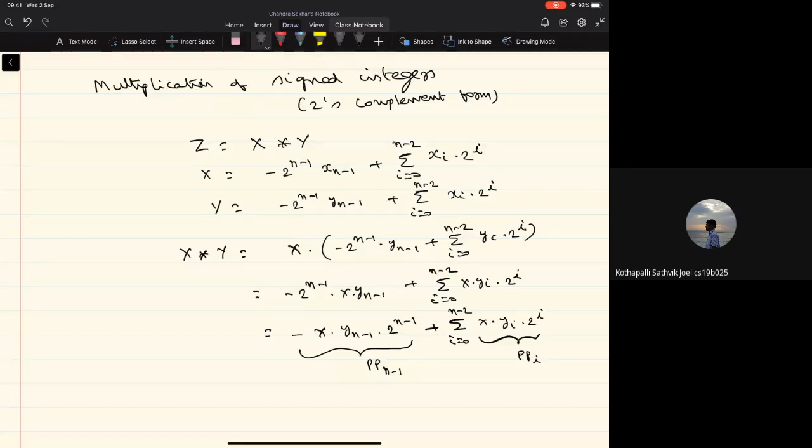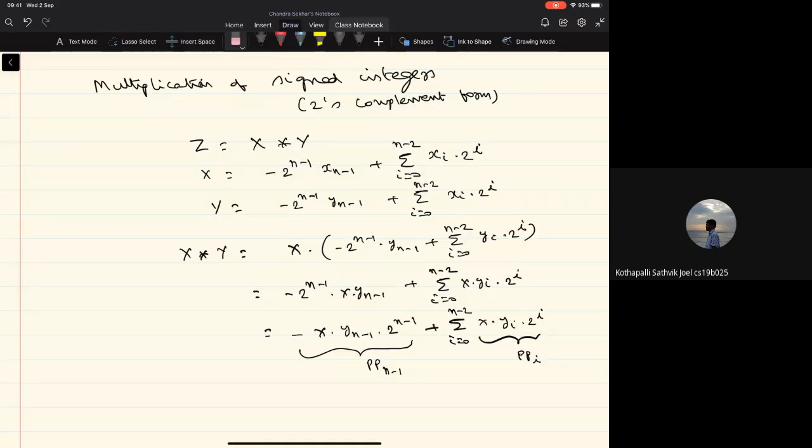For that part, it's the same as any of the ppi. But we have the minus sign here. Basically, what it tells is that we have to compute this entity x y n minus 1, 2 power n minus 1, and then take the negative of that entity in order to get the pp n minus 1. Then only we'll get the correct value.